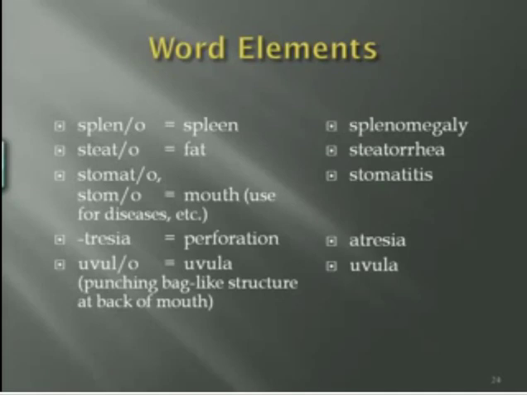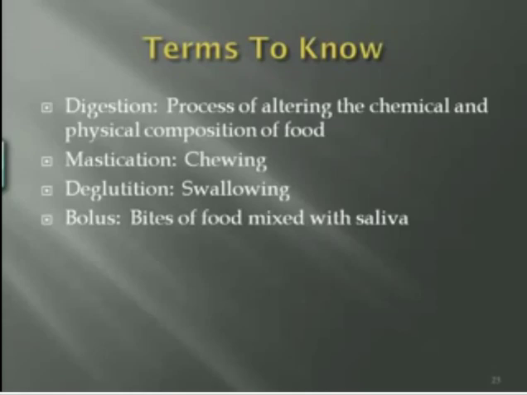Tresia is a perforation. So atresia, you know, there was supposed to be a hole and there's not one. Uvula, I just like this word. You see in the cartoons this little punching bag thing hanging down in the back of the throat. That's the uvula. Now, some terms to know.